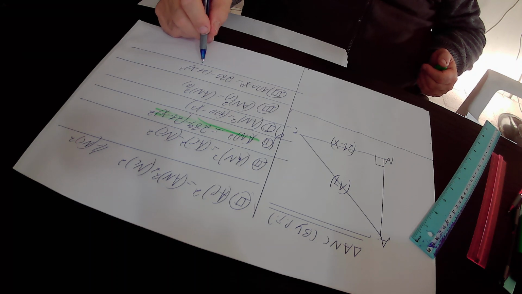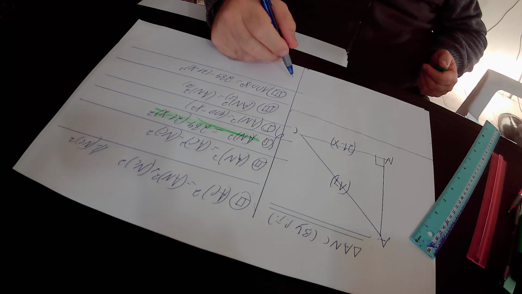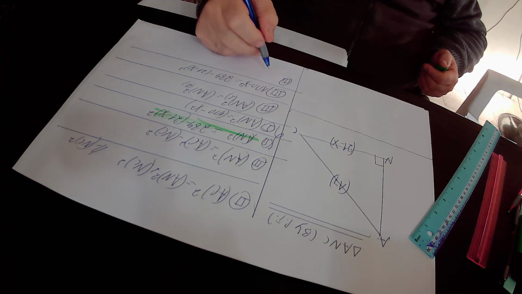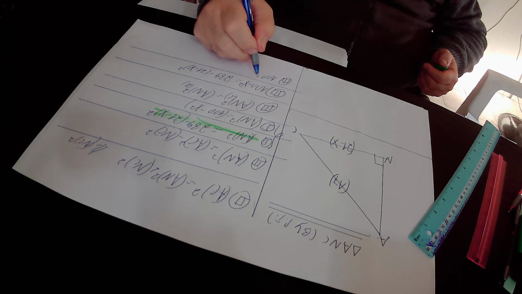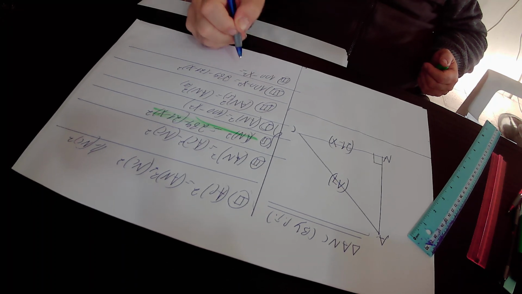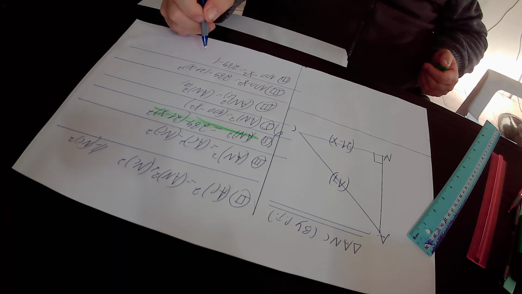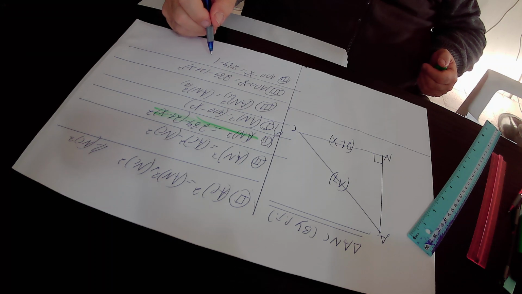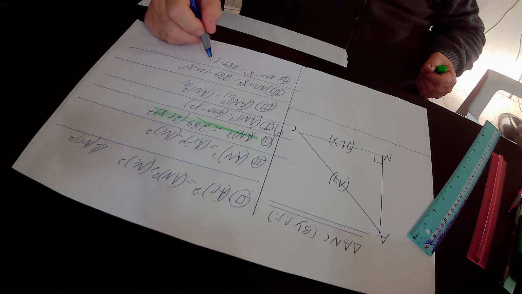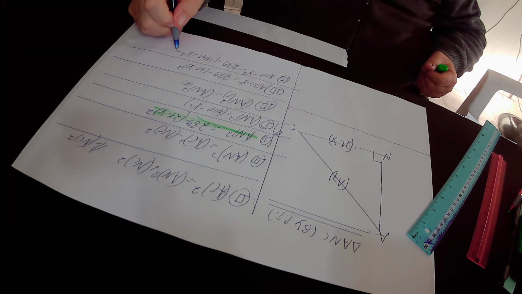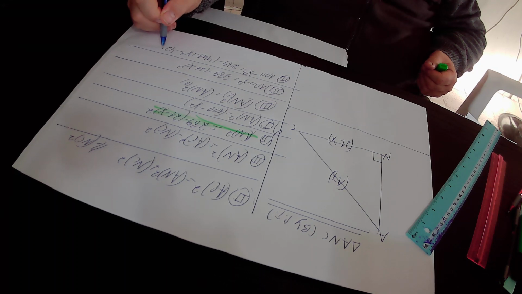Here we open the brackets of the expression (21 minus x) square, and we get 441 plus x square minus 2 times 21 times x, that is minus 42x.